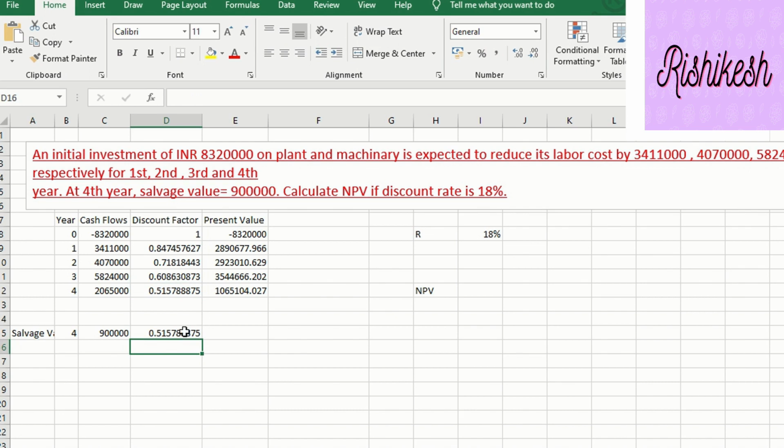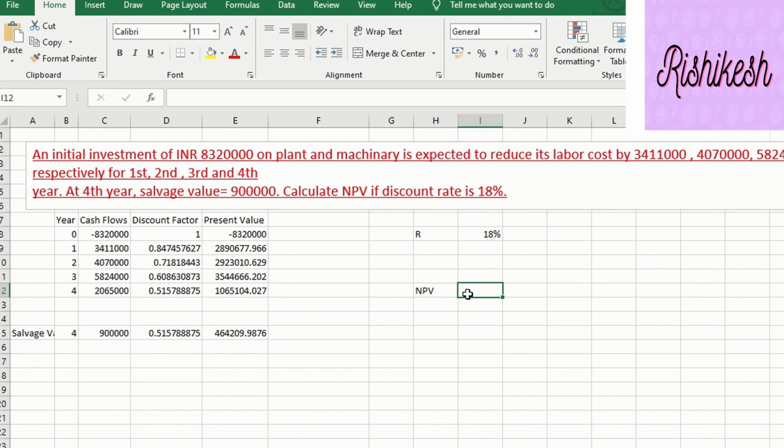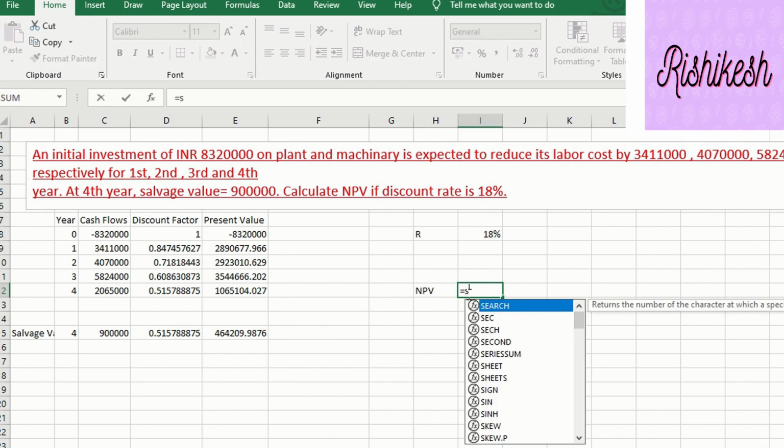Why? Because it's at the 4th year, so your discount factor will be the same as this, and then you can easily calculate the present value, that will be equal to 9 lakh multiplied by the discount factor, that is 4,64,000 something. Now you can calculate the NPV.